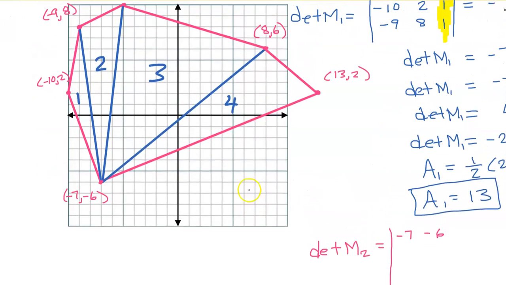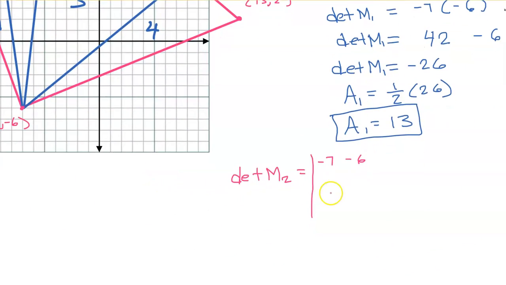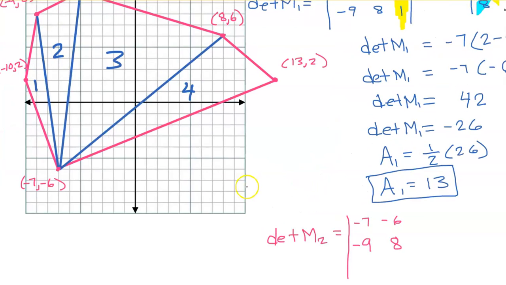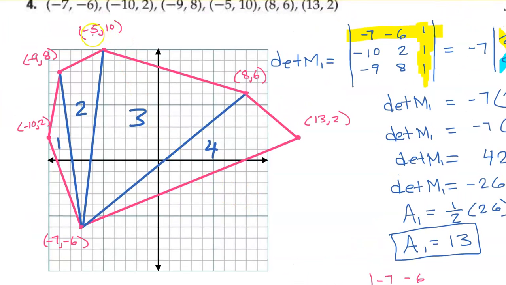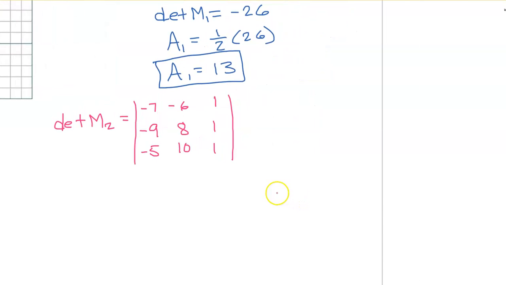And then we have -9, 8. And the third vertex is -5, 10. And we will finish off the matrix with 1, 1, 1. So we need to find the determinant of this.